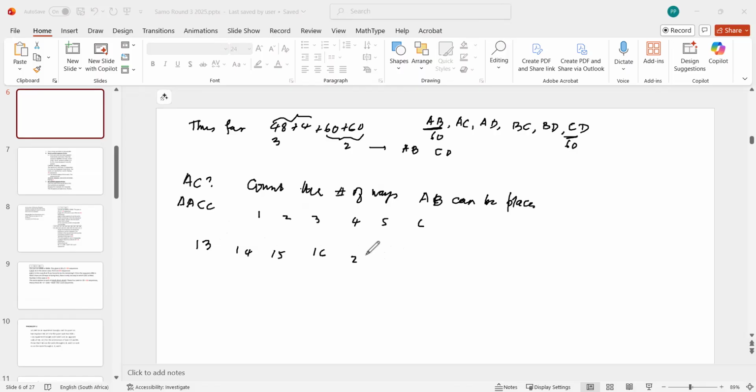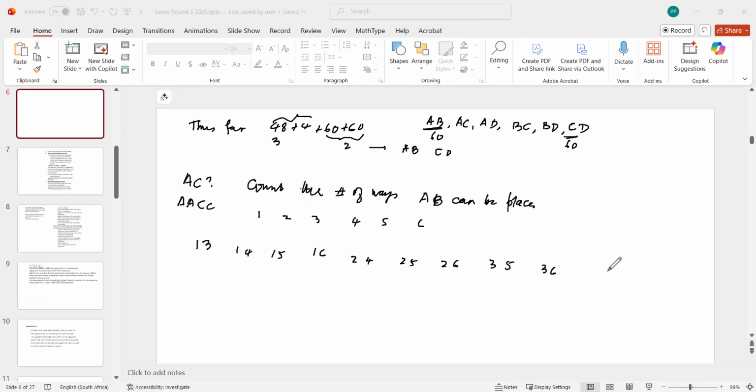Oh, no, you can't put it in 2, 3, because the B goes in between. You put 2, 4, 2, 5, or 2, 6. Then starting with 3, you have to put the A's here. You can't put the two A's in 3, 4, or 3, 6.